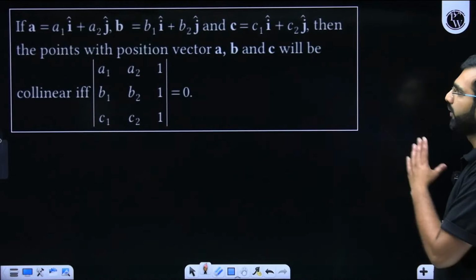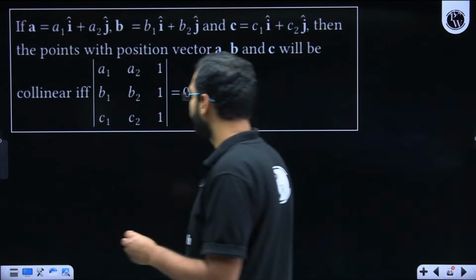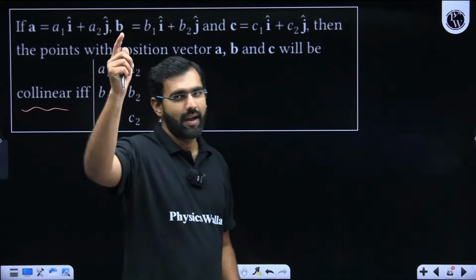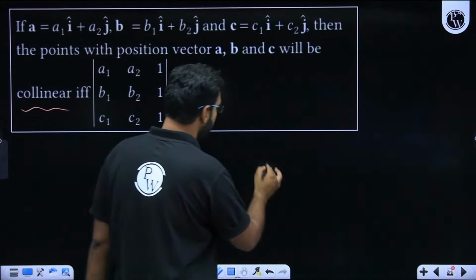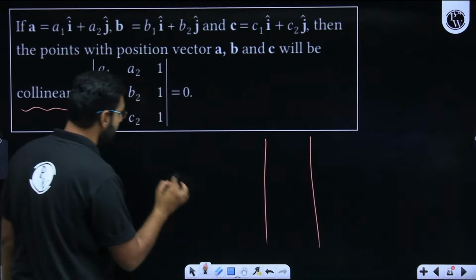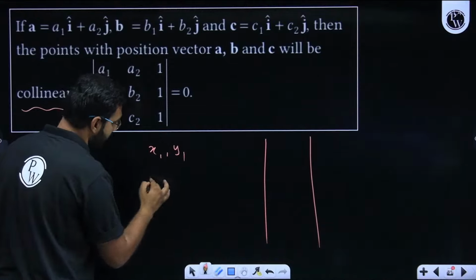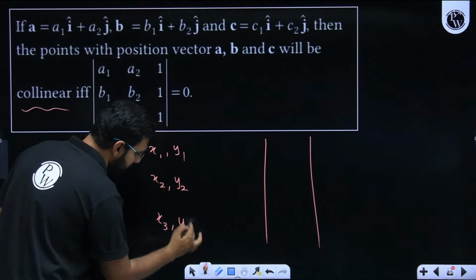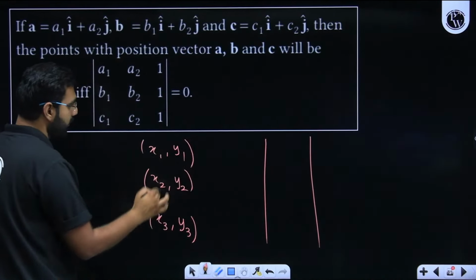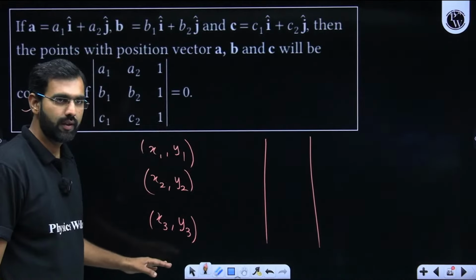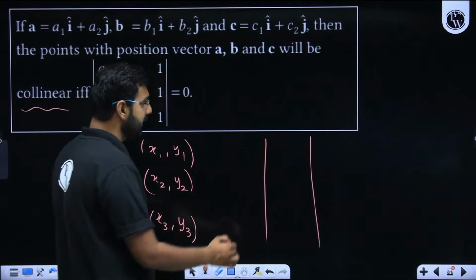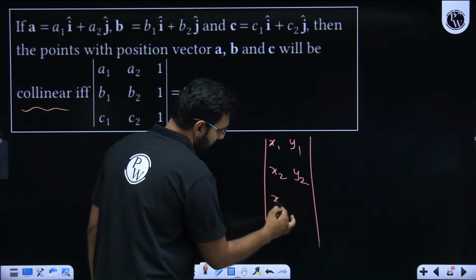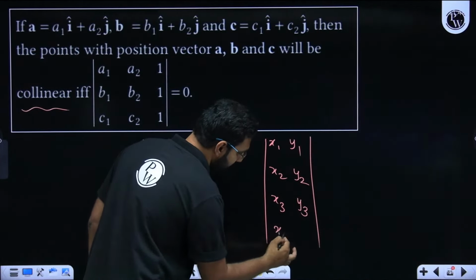Brilliant. Now here, this is something through which you find whether they are collinear or not. For collinearity, I hope you remember the stair method. I hope you don't forget that. In 2D, if I'm given 3 points x1, y1, x2, y2 and x3, y3, similarly they have given you 3 points x1 i cap, y1 j cap and so on. So with that, I'll have x1 y1, x2 y2, x3 y3 and then again x1 y1.